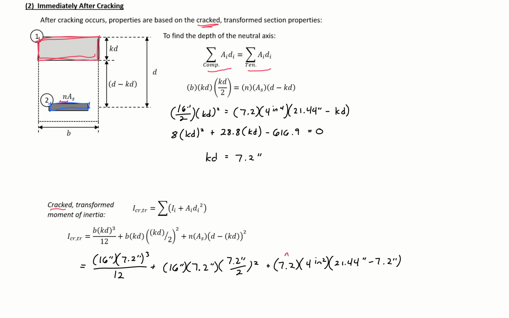And this will give us an I cracked transformed equal to 7,823 inches to the fourth.